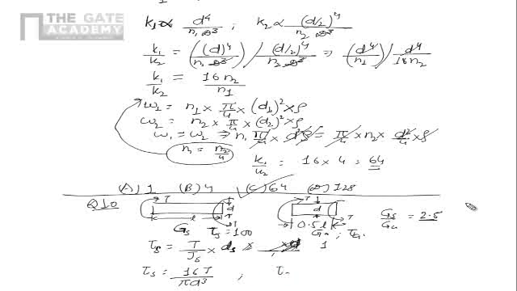Now aluminum also will have the same torque, and because its diameter is d again, the maximum shear stress in that will also be 16 T upon pi d cube. So essentially there is no change in the expression of the shear stress, hence both the shear stresses will be equal.